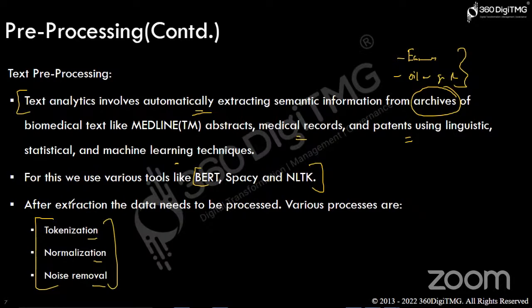When we speak about tokenization, we divide the whole sentence into different tokens. Each and every word is a token now. We have many other methods to preprocess, and then we have to convert this data into numerical format. Then we can do all these different mathematical operations.